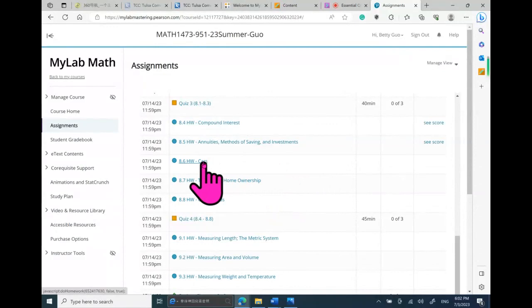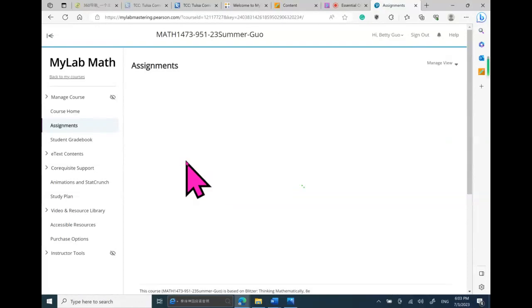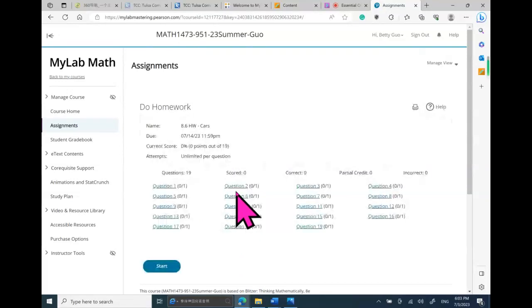So, let's go to section 8.6. As I mentioned earlier, both auto loans and home mortgages: when you purchase a car or a house, since those products are very large, you might not have the cash to pay in full.